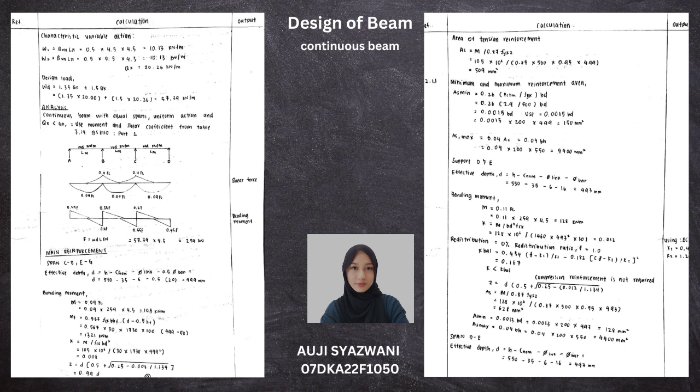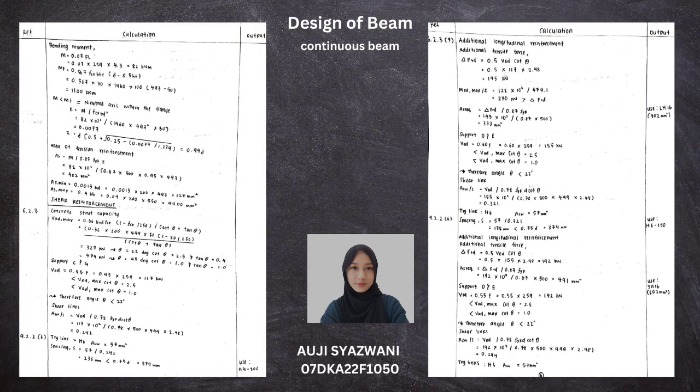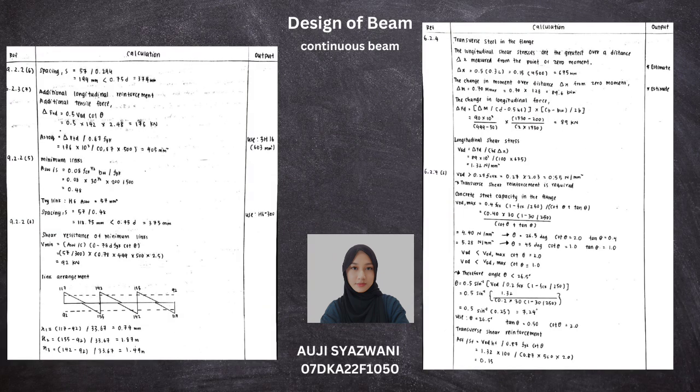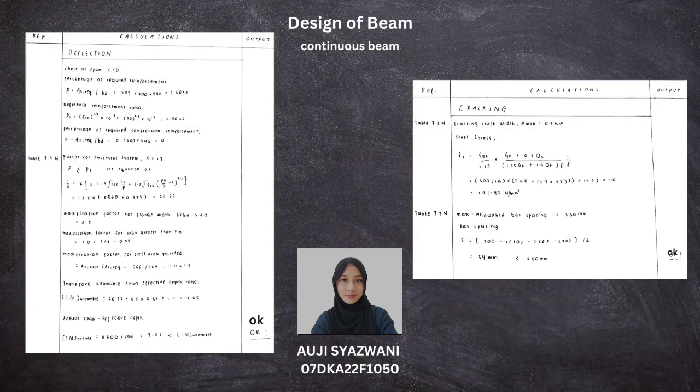So here we can see the analysis and the main reinforcement calculation. Moving to the shear force analysis, it identifies the areas of the beam that require additional reinforcement to prevent shear failure. After analyzing shear requirements, the spacing of shear reinforcement and the transverse is calculated. For deflection, I calculated the allowable span to effective depth ratio to ensure minimal deflection under load.